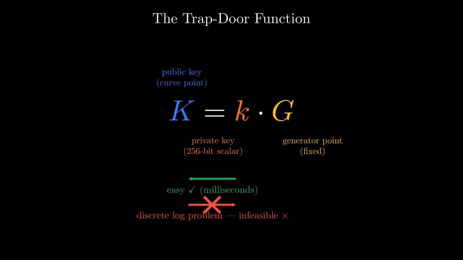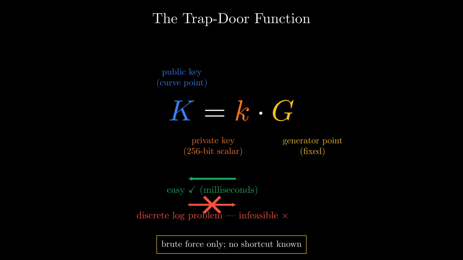No known algorithm solves it faster than brute force. A trapdoor function means easy one way, impossible the other. And this is what lets Alice publish her public key to the entire world. Anyone can verify it came from some private key. Nobody, not governments, not supercomputers, can figure out which one.